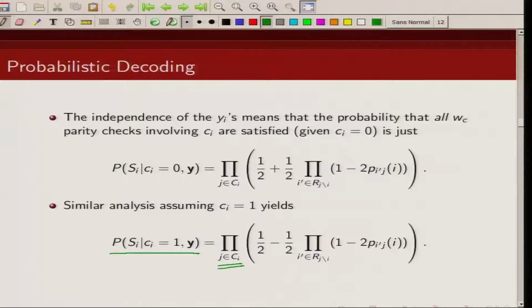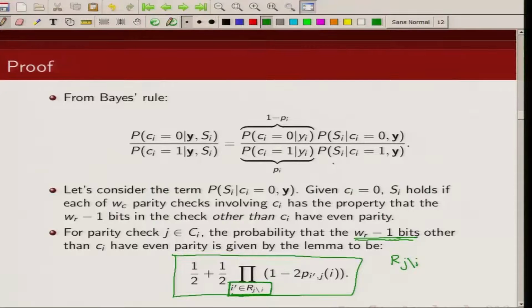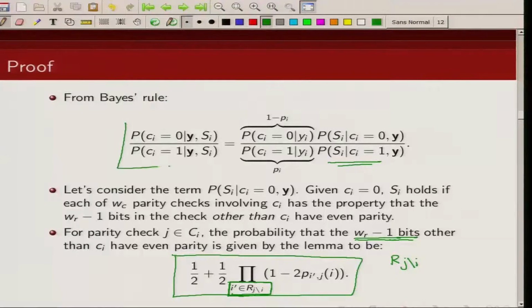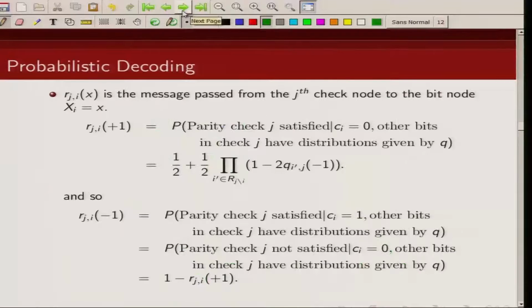So this is the probability of this parity check constraint getting satisfied when Ci is 1, and this is the expression when Ci is 0. So if I plug these values into this expression here, what I get is the expression for this. Okay.